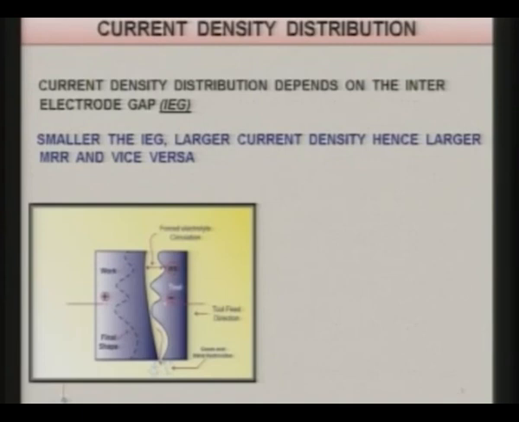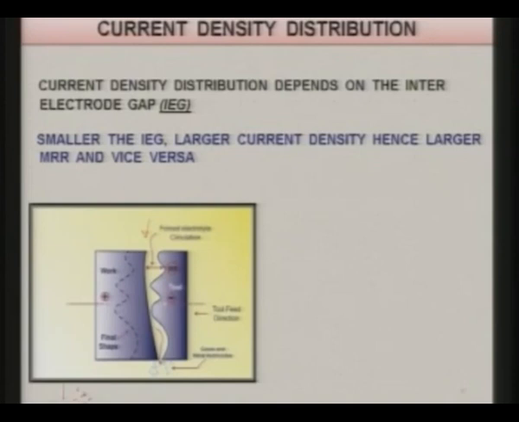As you can see in this figure, the inter electrode gap is varying at different points, and wherever the inter electrode gap is smallest, the current density is going to be the highest at that point. Here the inter electrode gap is very small, so the current density is high, and electrolyte is flowing in this direction.